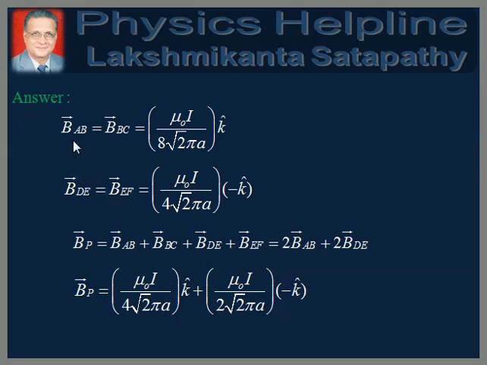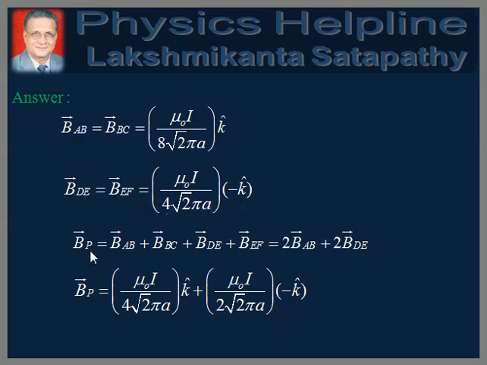We observe that B_AB is equal to B_BC, which is equal to mu 0 I by 8 root 2 pi A into k cap. They have the same direction. Similarly, B_DE and B_EF are again equal, which is equal to mu 0 I by 4 root 2 pi A into minus k cap.